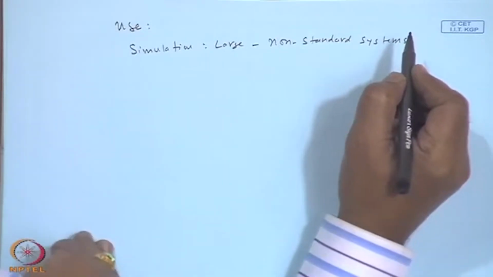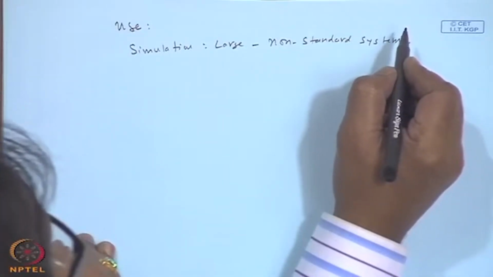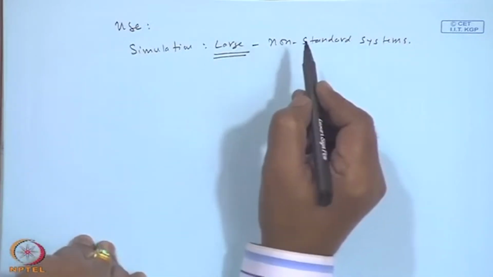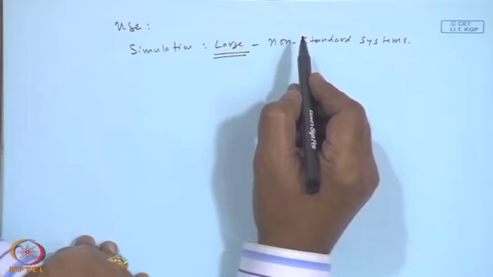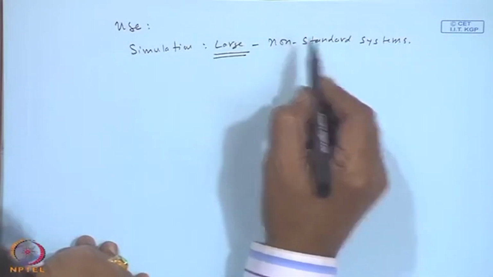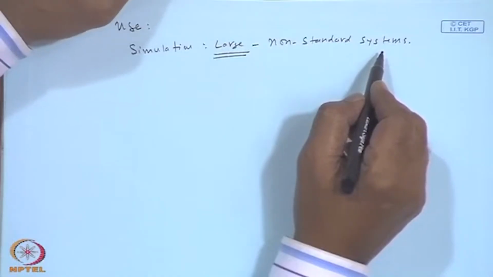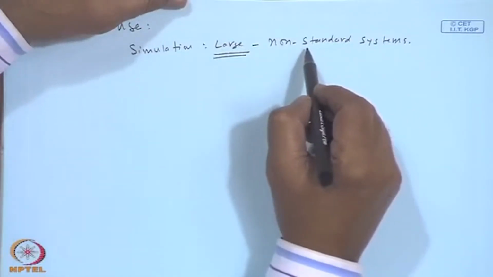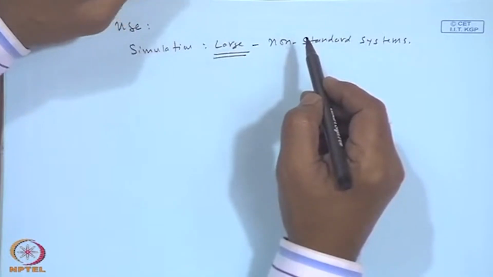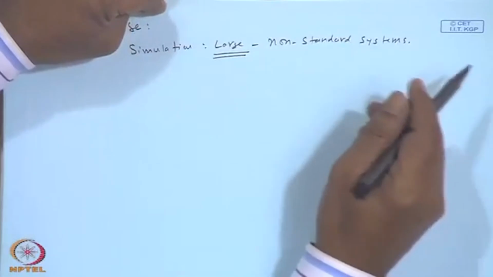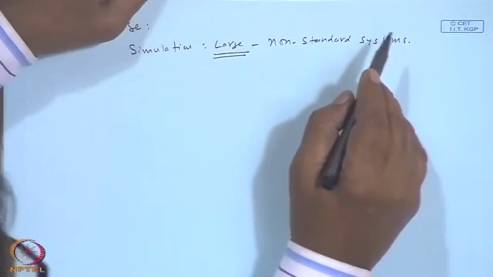This looks like a sweeping statement. Let me elaborate a little bit. By large system, what I mean is the expense involved is very high, like for example, a power generating system. And a non-standard system means it is not just run of the mill, where you need 60 liters of water for bathing or domestic application, but it may be an industrial application which will be requiring larger quantities, which do not have the standard components.